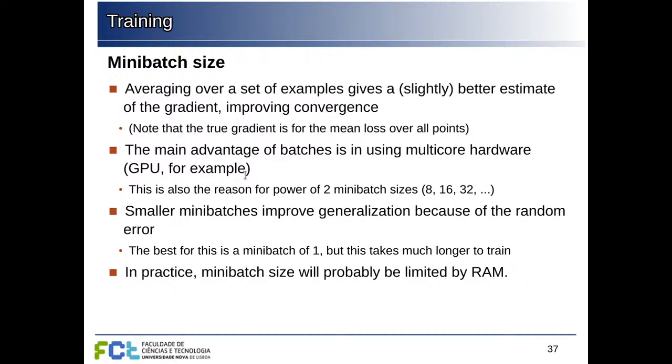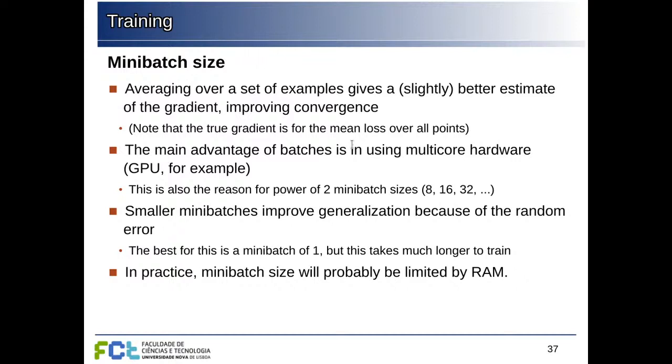So this is why you often see the size of the mini batches being a power of 2: 8, 16, 32, things like that. Because this is generally what is optimal for GPUs and for this type of parallel computing, where using a power of 2 takes the most advantage of the different cores that you have.